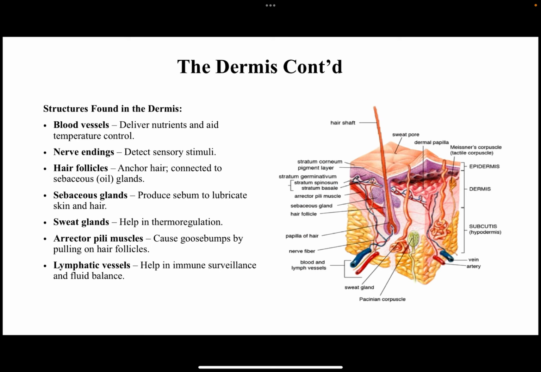When it contracts or vibrates, because it's located close to the root of the hair follicle, it pulls on it or exerts pressure on it, and that causes the hair shaft, or your hair, to stand, especially those on the skin. And when that happens, that is what we call goosebumps. Is that okay? Good.